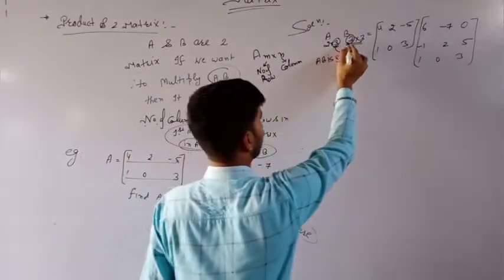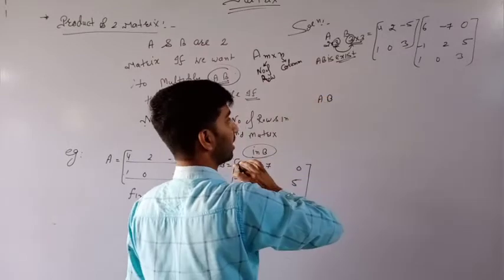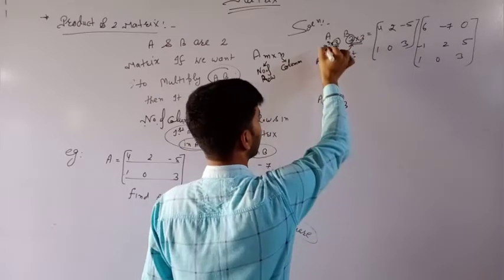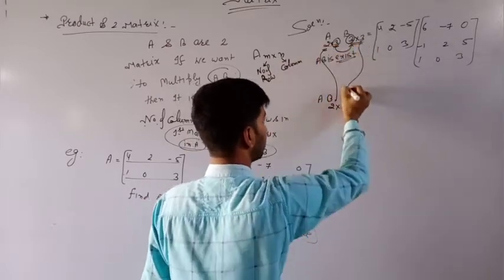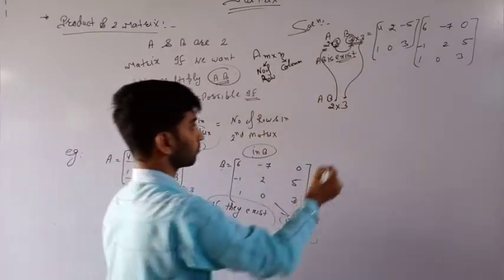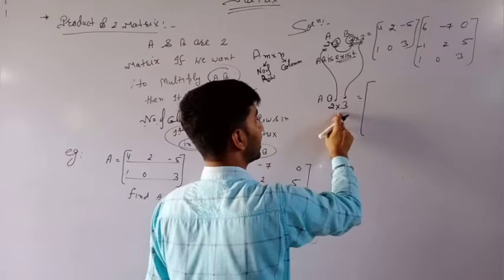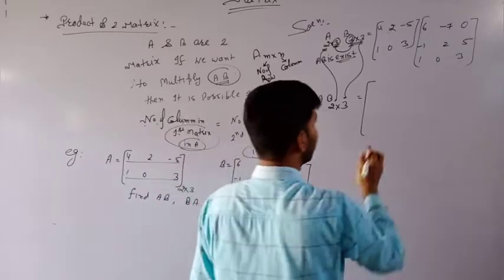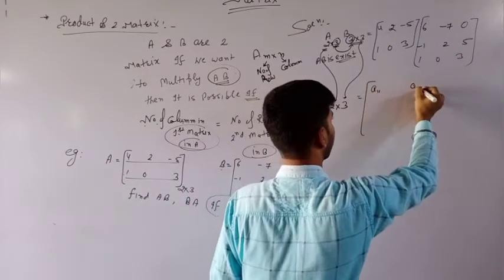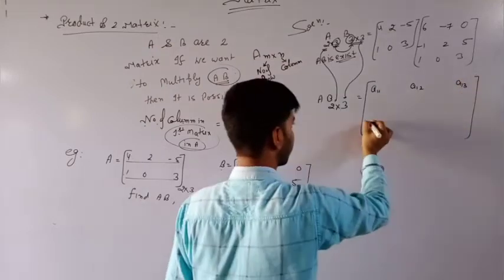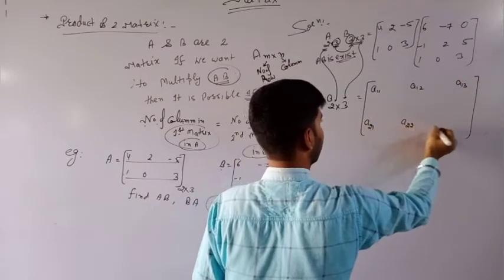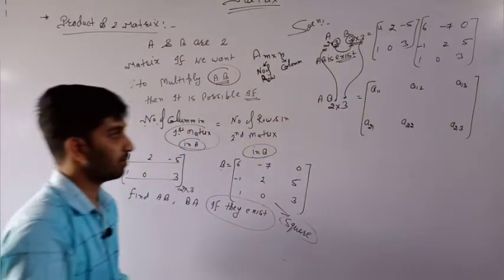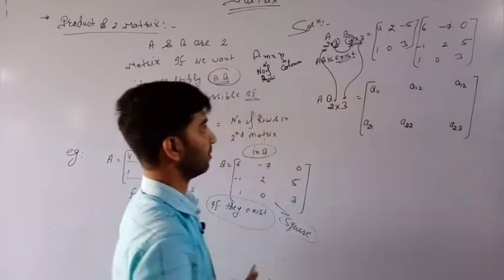The number of columns in A is equal to the number of rows in B. Now we can find AB, and the order of AB is 2 multiply 3. It means AB contains 6 elements: A11, A12, A13, A21, A22, A23. 2 multiply 3 means 6 elements, 2 rows and 3 columns.